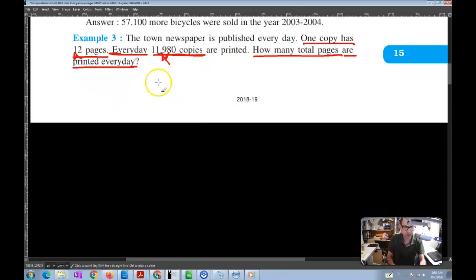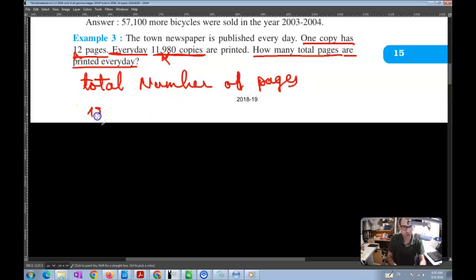So the total number of pages would be 12 times 11,980 pages, but then every day, so you have to specify that as well.